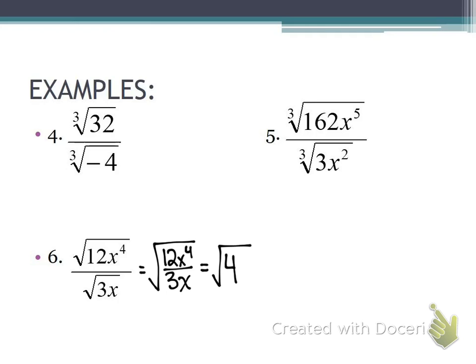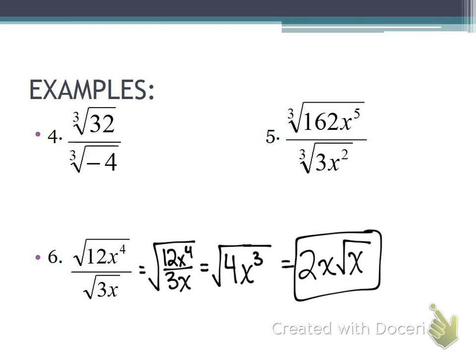X to the 4th divided by x? X cubed. Good, x cubed. Remember, we treat this like an exponent of 1. 4 minus 1 is 3. What is the square root of 4? 2. How many groups of 2 do we have inside of 3? 1. With how many left over? 1. So 2x times the square root of x is our final answer.